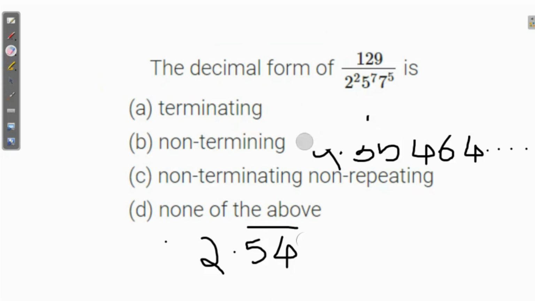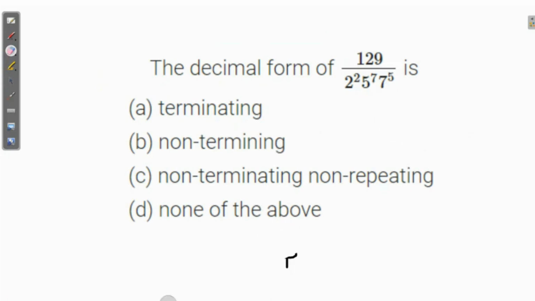In your first exercise, most probably of your NCERT textbook, you will have a question where you have to find if the given fraction is terminating or not without doing division. So you're going to use that concept here. Here we have 2 to the power of 2, 5 to the power of 7, and 7 to the power of 5.